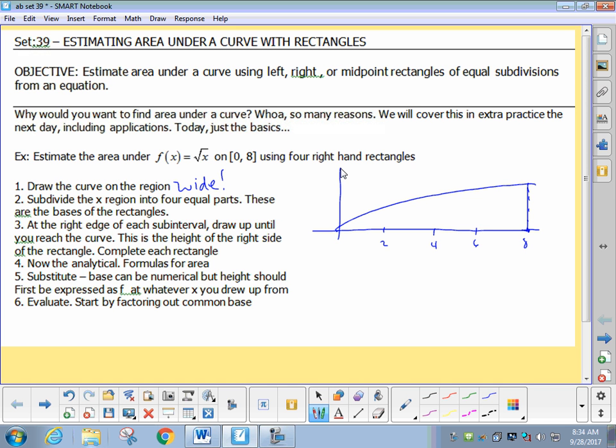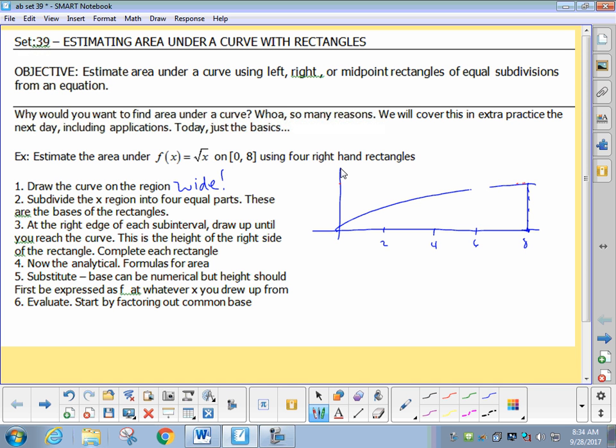Now, surely one rectangle, if I estimated this with one rectangle, for example, I could draw here. I could find the area of that rectangle, and it would be a decent estimate, be an over-estimate of the true area, right? Okay. One of the principles is if you do more rectangles, you'll get a better estimate.